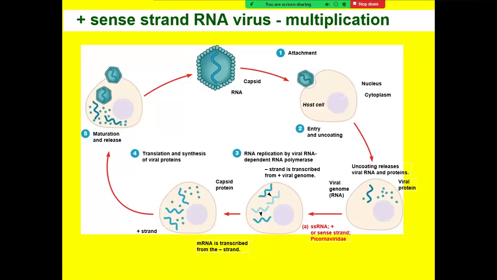The viral capsid proteins will self-assemble into the virus, which will then package the viral genome, and then the virus will leave the cell either by the lytic life cycle or by the budding life cycle, depending on the species of virus, and that continues the life cycle of the virus. Any question about viral multiplication if it is a positive single-strand RNA virus?